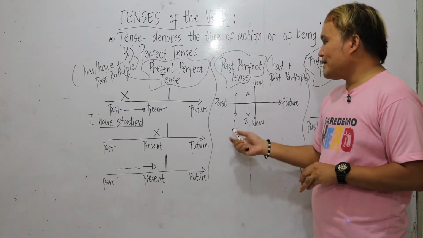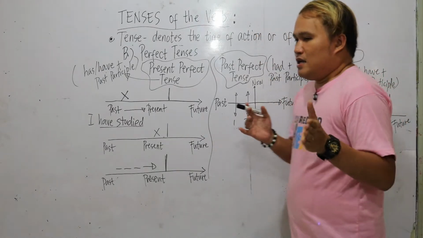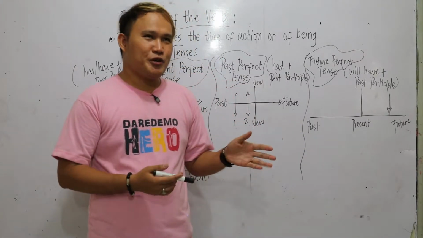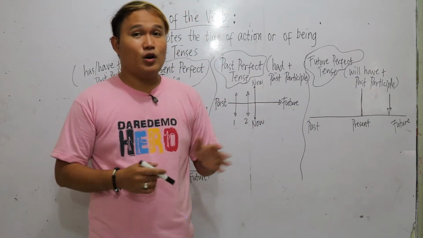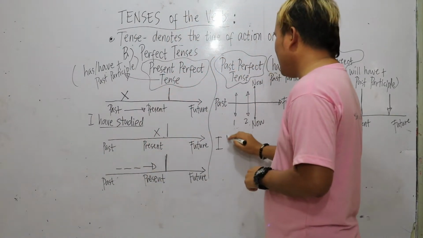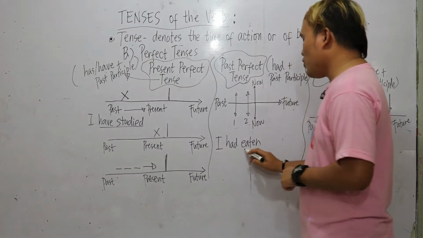Okay? For example, I had eaten my dinner before my mother arrived home. Okay? So let me write it down. I had eaten. This is the past participle form of eat. Okay?